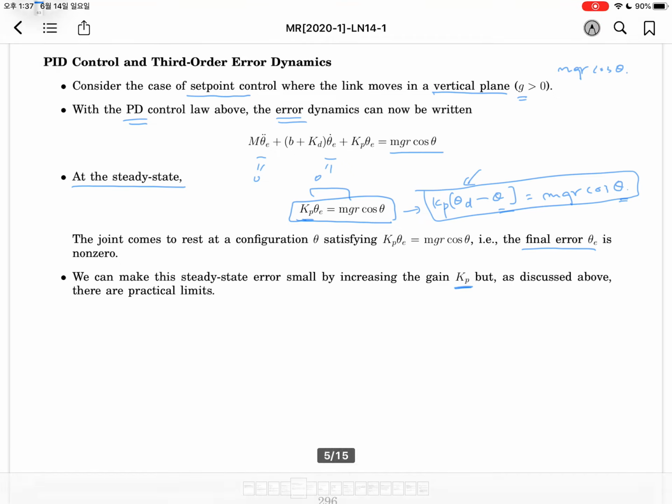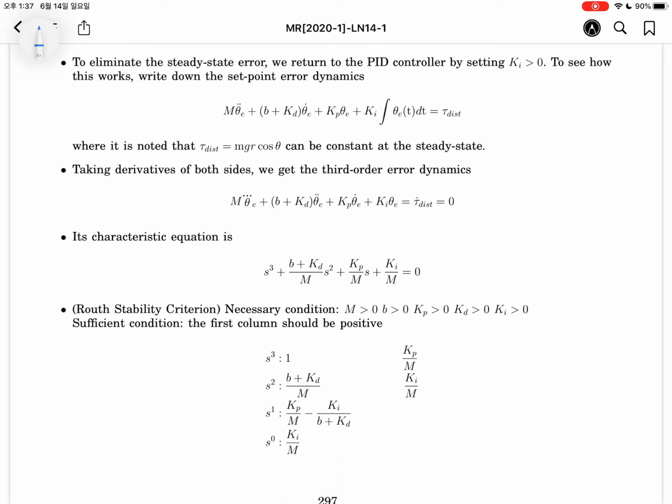So at that time, we can add the integral control to eliminate the steady state error. To eliminate steady state error, we return to PID control. So the previous PD control will be extended to PID, including the I gain. A positive Ki gain will be assigned, so we have this equation one more time.